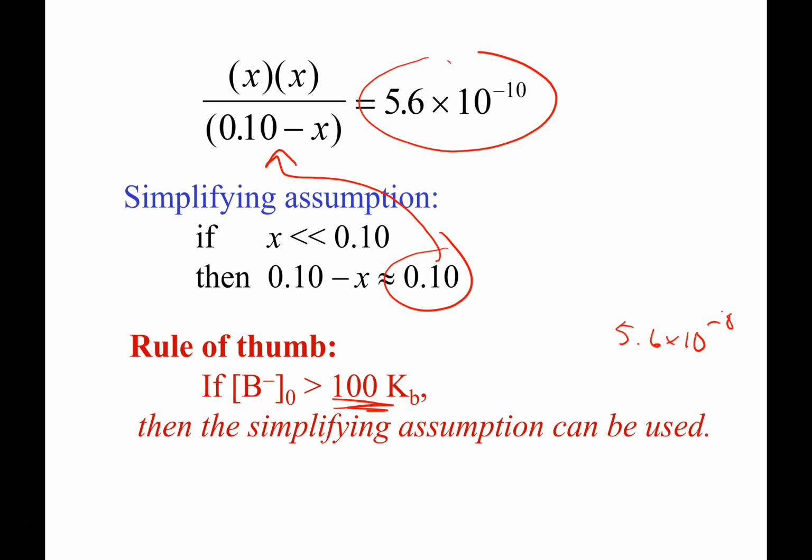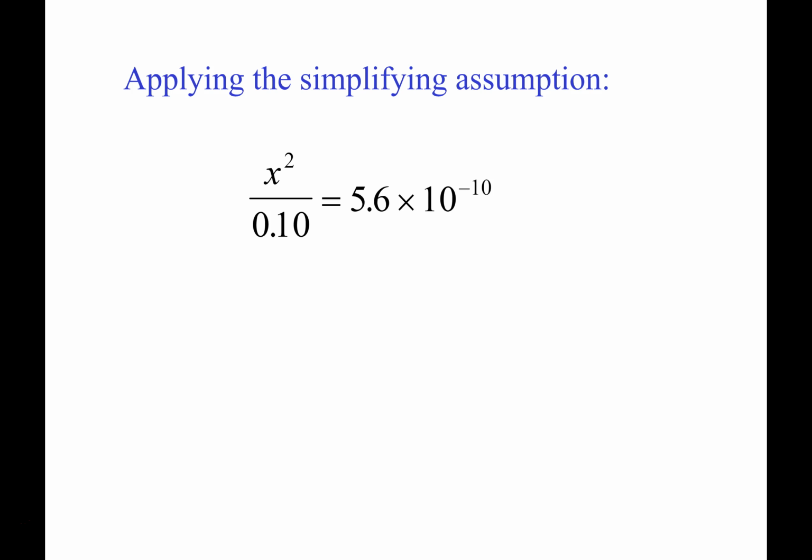Is that indeed less than the initial concentration of our weak base, which is 0.10? And I'd say yes. So you're in good shape. Like I said, I apologize, I switched that up a little bit on Wednesday.